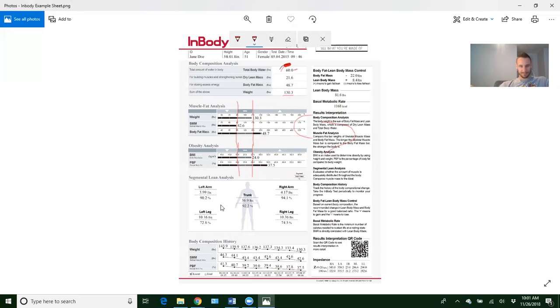So as we scroll down, we have segmental lean analysis. This is why we separate our arms. It measures your limbs separately. So the top line here is how much your limbs weigh. And what we're looking for is how close are they? Are they in balance? And I look at Jane, she's pretty good, legs are pretty good.